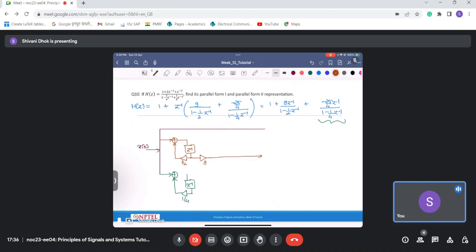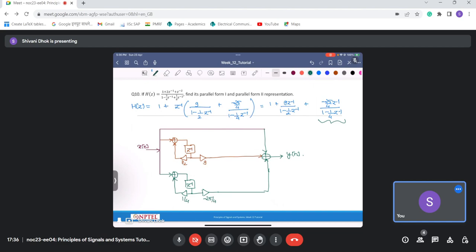Similarly, here also this minus 25/4 gain block will come here. These will get added. Is it okay? Yes. Okay.